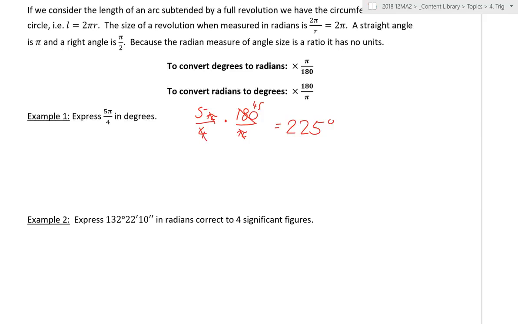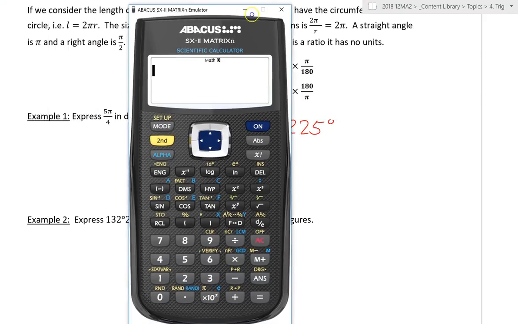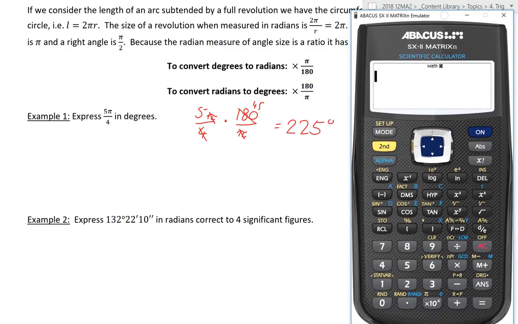Now, I've got degrees, minutes, seconds, and I want to convert this to radians. I'm going to have to pull out the calculator, as I won't get an exact answer. I need to multiply by pi over 180.